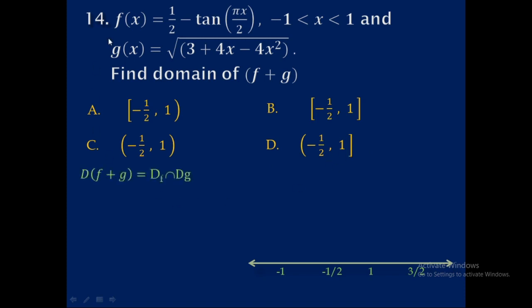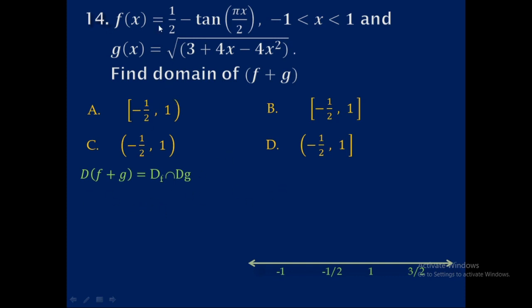Here just remember the domain of f plus g is always the domain of f intersection domain of g. For plus, minus, product and quotient, the domain is always the common domain, the intersection of the domains of f and g.